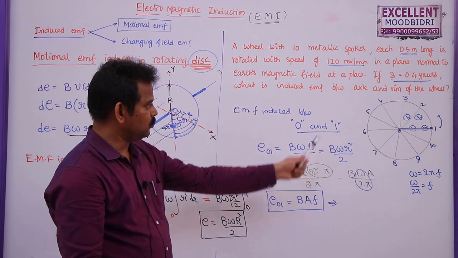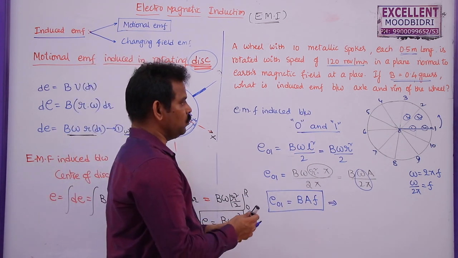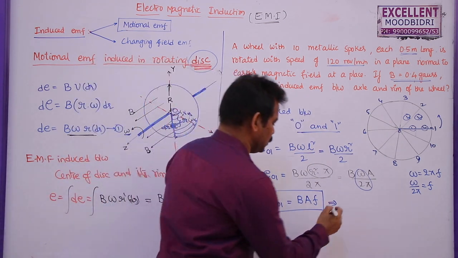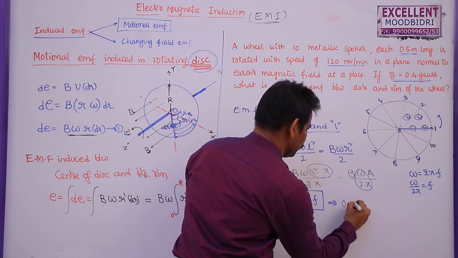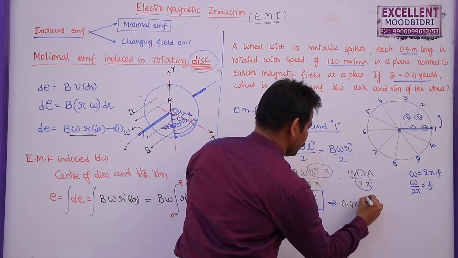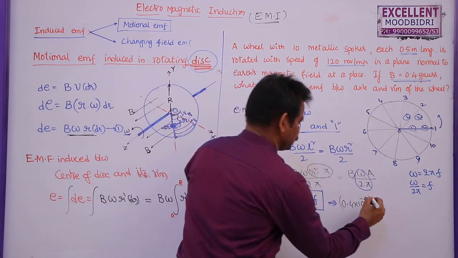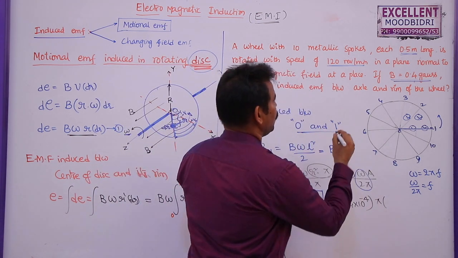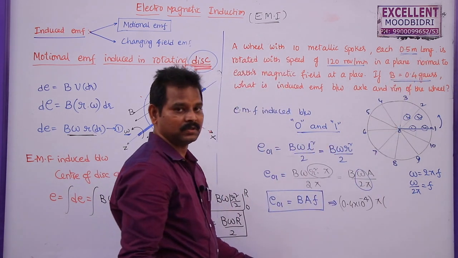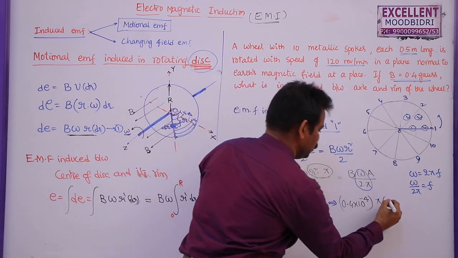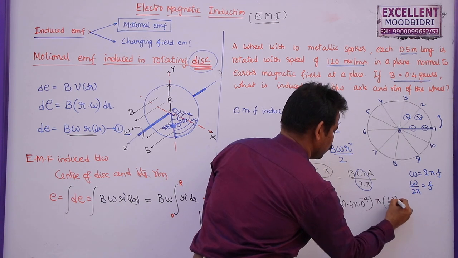Now what are the values? The magnetic field induction is 0.4 Gauss. So 1 Gauss is equal to 10 power minus 4 Tesla. So this is 0.4 into 10 power minus 4 Tesla. What is the area of this one? Pi r square. So pi into radius, which is 0.5 meters, that is the length of each spoke also. So this is 1 by 2 whole square.